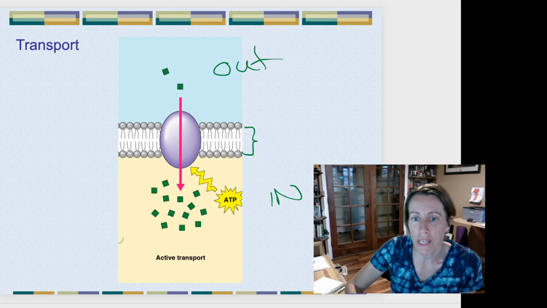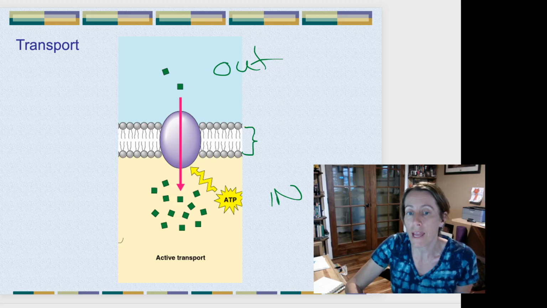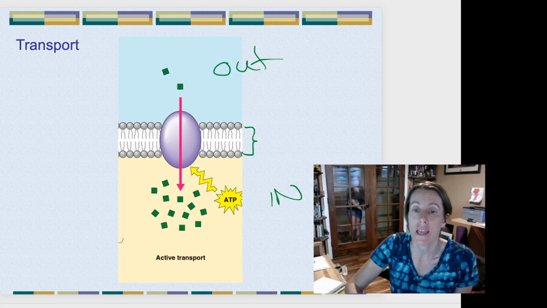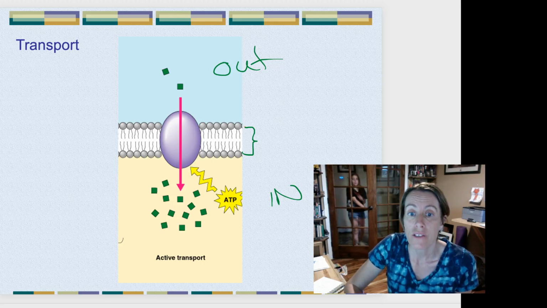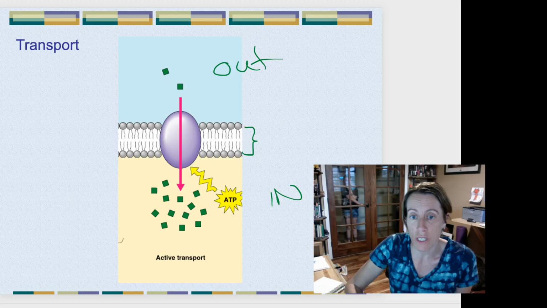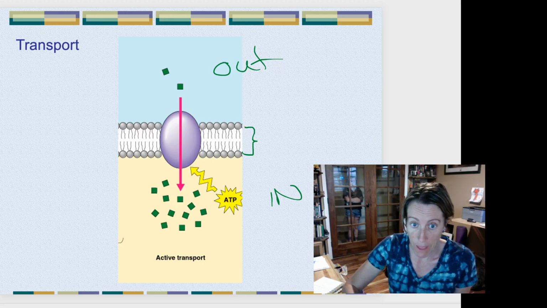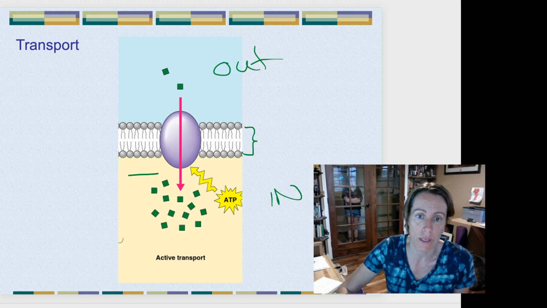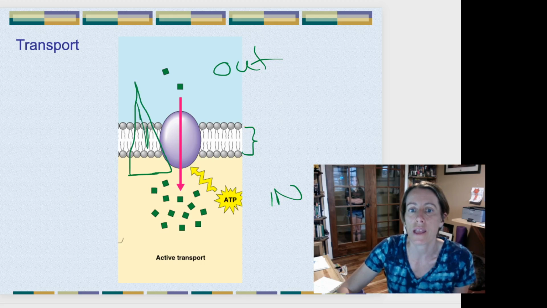But what's different here is that there are already a lot of green squares inside the cell. So if we were to draw a concentration triangle for this diagram, it would look like this. I'm going to draw a big skinny triangle going this way, showing way more green squares on the inside and way less on the outside.